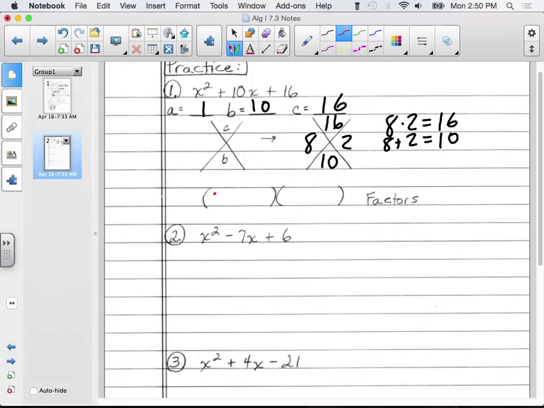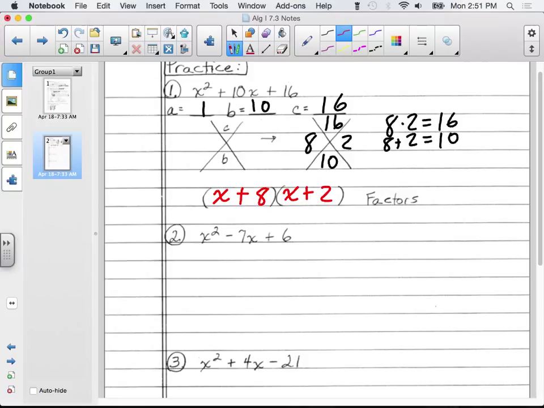X. So both of these are just going to start with x, plus 8 and plus 2. Does everyone agree with that?